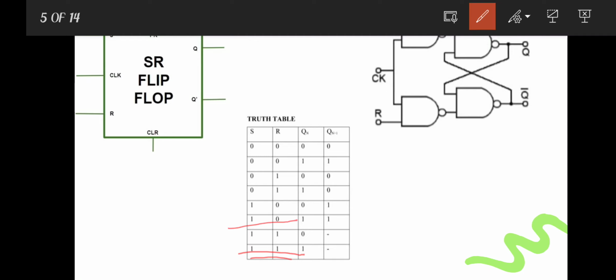Therefore, both outputs Q and Q bar will become 0. Because as you know, when any one input of the NOR gate is equal to 1, its output will be equal to 0. That means in this case both outputs will become 0.